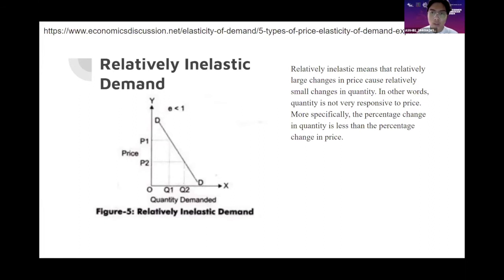In other words, quantity is not very responsive to price. More specifically, the percentage change in quantity is less than the percentage change in price. An example for this inelastic demand is essential goods like electricity, gas, and water.